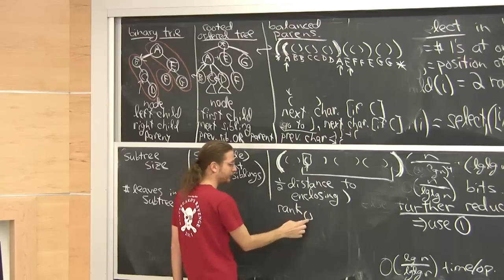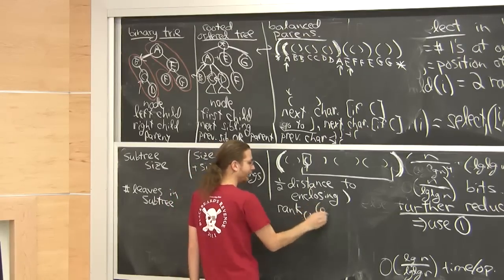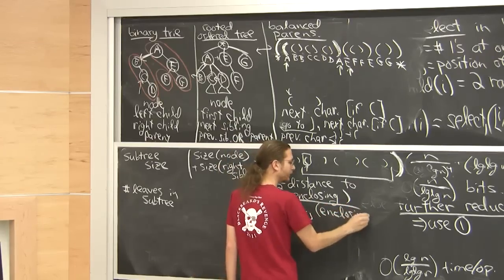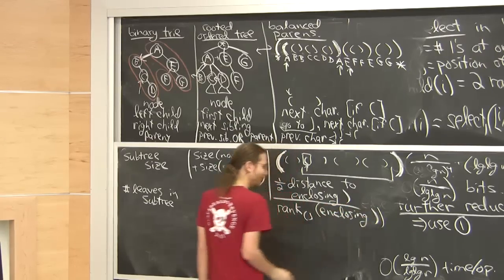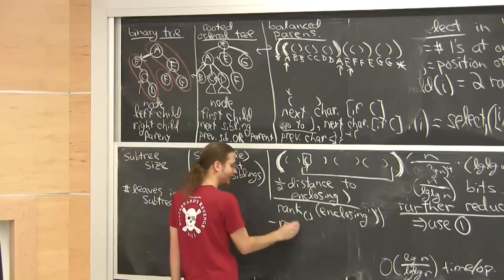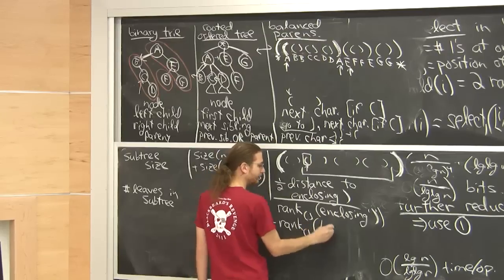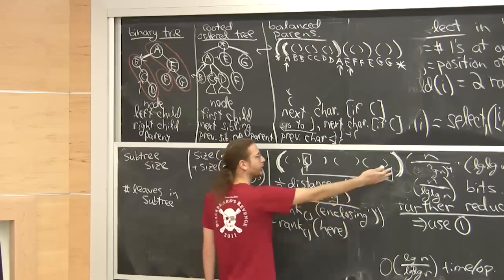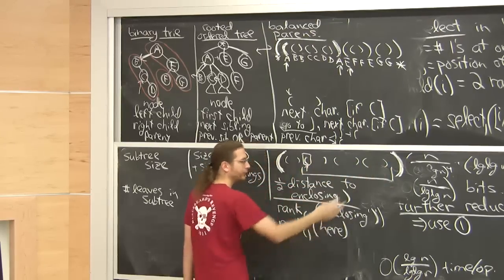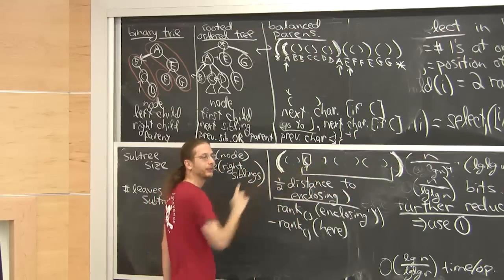Those are the number of leaves of the enclosing closed paren. This is getting notationally confusing. Minus the rank of here. Okay, so I just want to compute how many open paren, closed parens are there from here to here. And so I just take the rank here, subtract by the rank here.